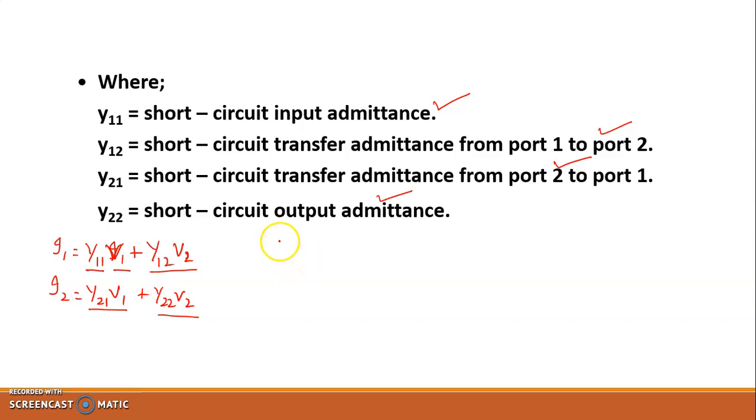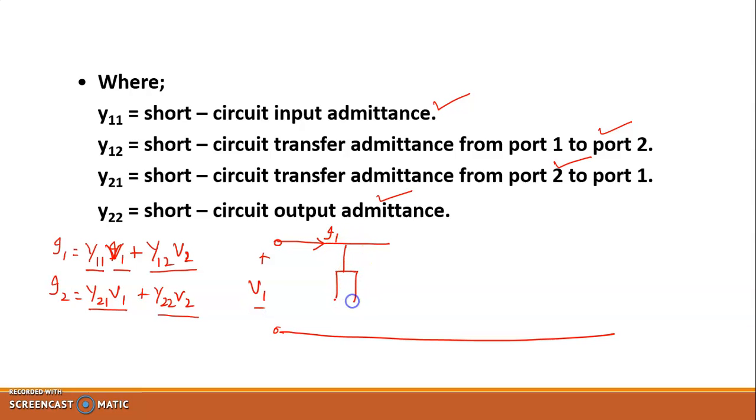So if this is the input terminal, I have the current I1 here, and V1 is the voltage applied across this terminal. If I have an admittance equivalent to Y11, then the current flowing through this path will be V1 into Y11, since V1 is the voltage at this node.